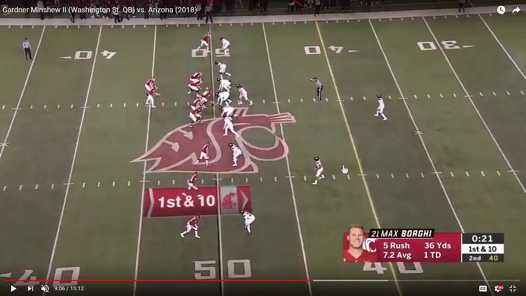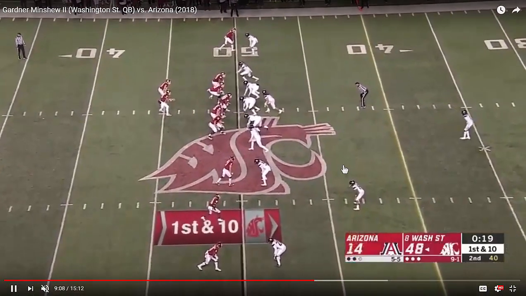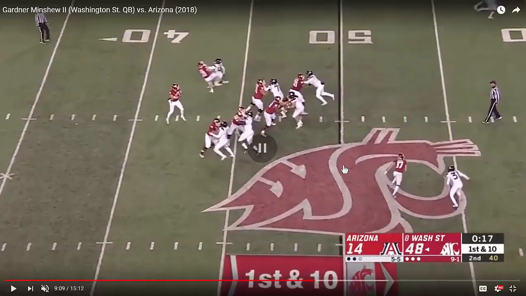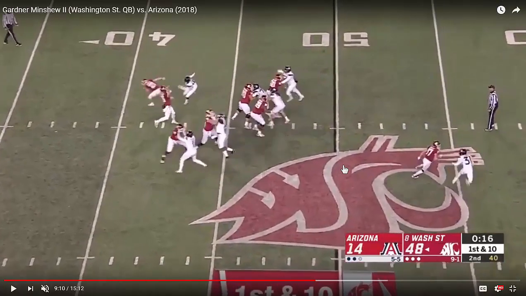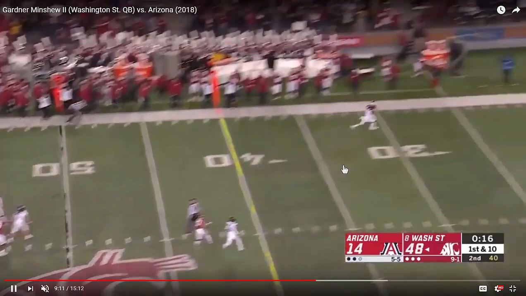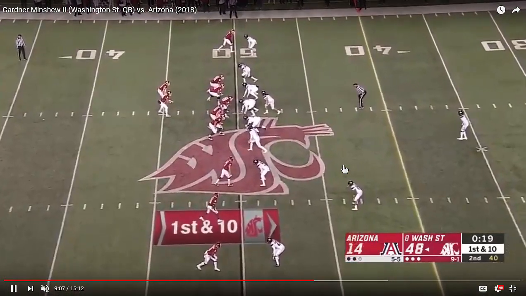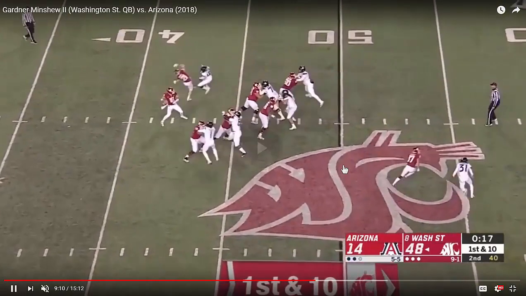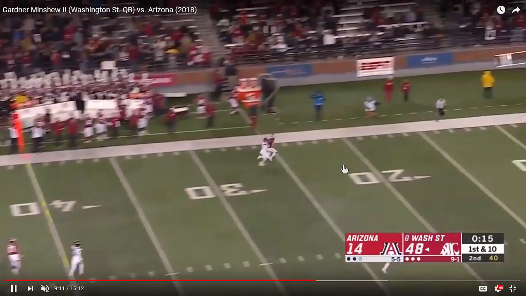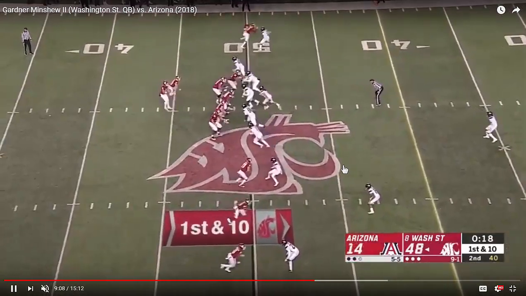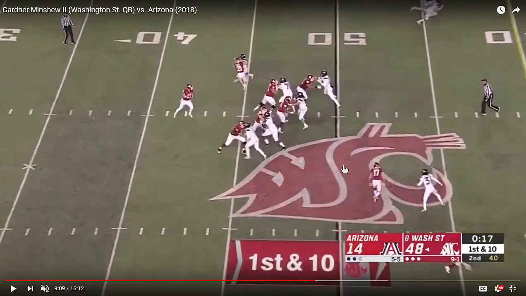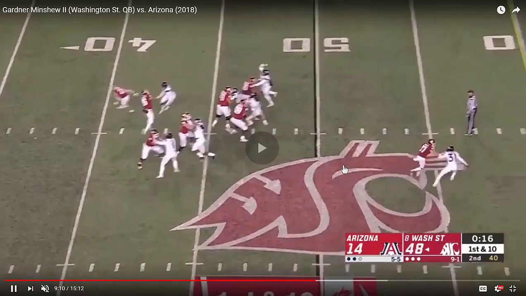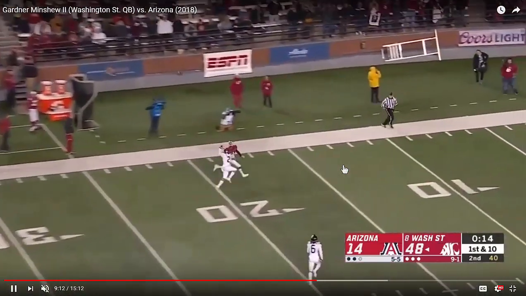Is he throwing the ball under pressure? Is he throwing the ball from a platform stance? Or is he having to move while he's throwing? Is the movement a designed movement like a rollout where there's a form to it? Or is he having to throw the ball off platform where he's leaning back off his back foot, or jump throwing, or throwing across his body from some kind of angle that isn't necessarily coached or taught in a traditional context?